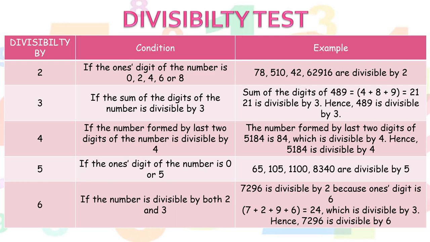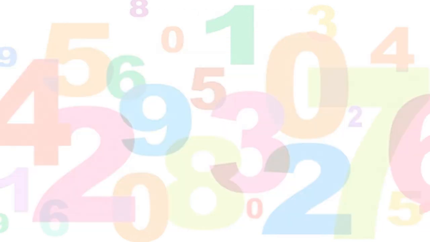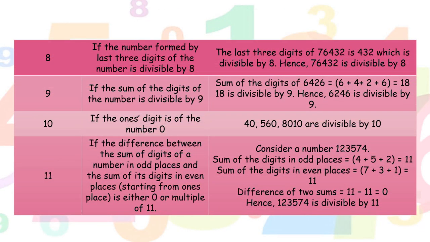For example, 7296 is divisible by 2 because it is an even number, and the sum of the digits is 24, which is divisible by 3, so it is divisible by both 2 and 3, hence it is divisible by 6 as well.